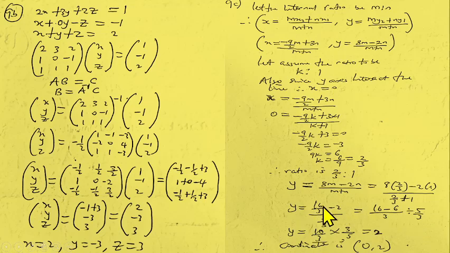Find the LCM: 16 minus 6 over 3 divided by 5 over 3. Change this to times, that will give us 10 over 3 times 3 over 5, and that will give us 2. Then the coordinate of the point where the y-axis intersects the line is (0, 2).